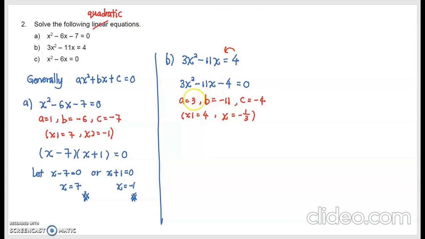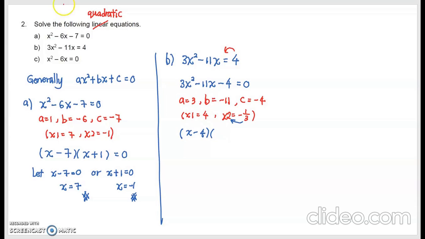So how are we going to write in the form of brackets? Again, if here is positive 4, here should be x minus 4. You can see that for x2, this is a fraction. So what we have to do is multiply this 3 to the front.